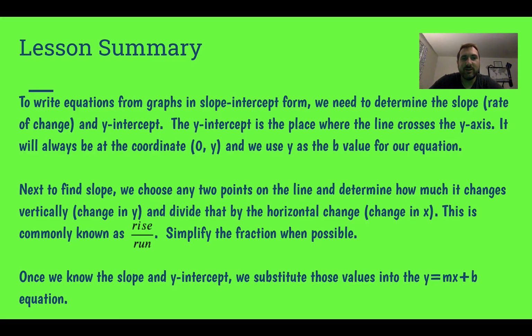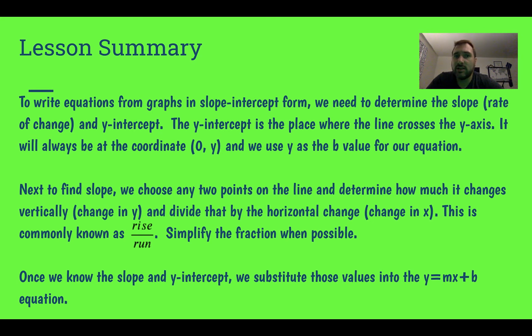In this lesson, we learned to write slope-intercept form from graphs. To do this, we need to determine the slope and our y-intercept. To figure out what the y-intercept is, we just look to see where it crosses the y-axis, and then whatever coordinate that is, use the y value as b in our equation.